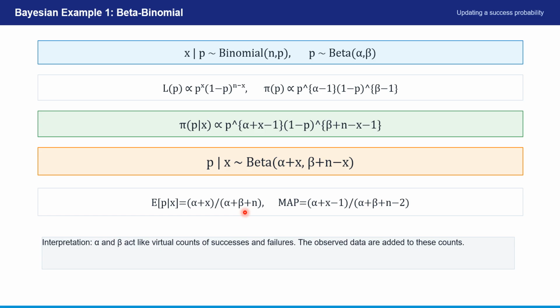P is distributed as beta(alpha, beta). The prior density is proportional to p^(alpha minus 1) times (1 minus p)^(beta minus 1).